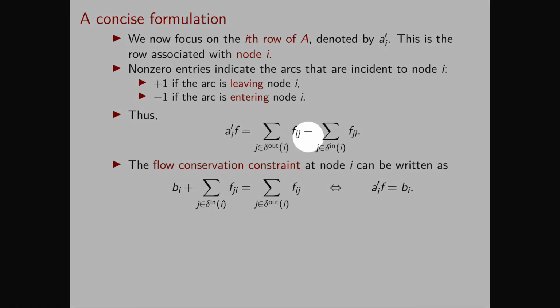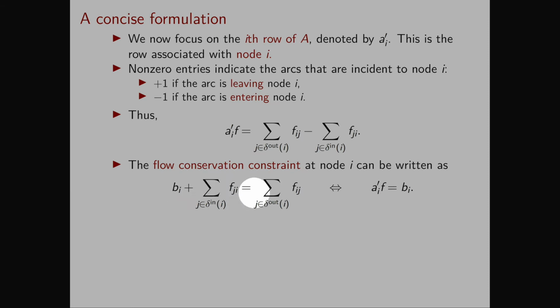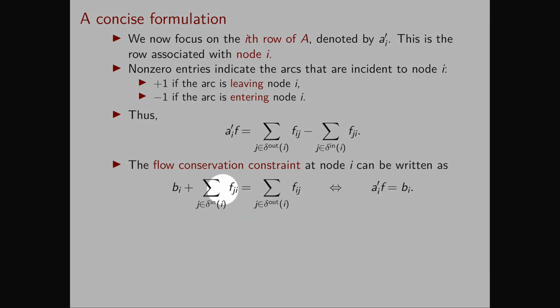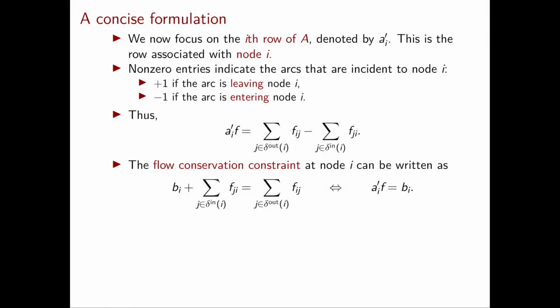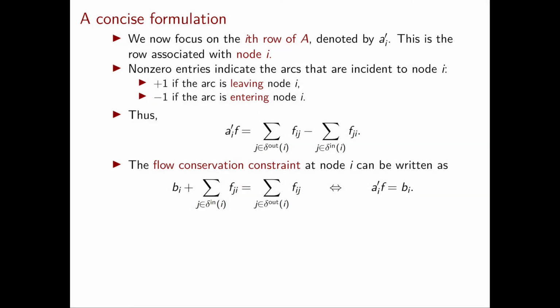Now, being able to write down in a compact way this difference of sums allows us to write in a compact form the flow conservation constraint at node i. In fact, we can bring the second sum to the right, and our equality constraint can then be written as A_i transposed f is equal to b_i.